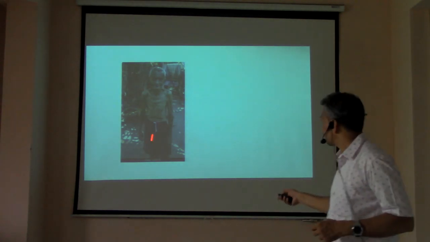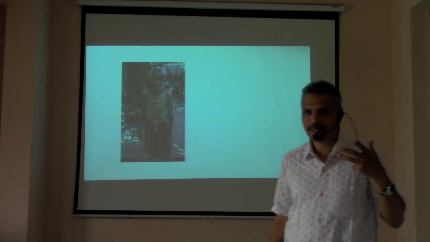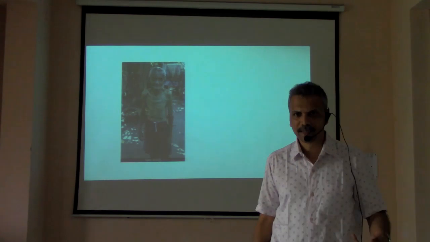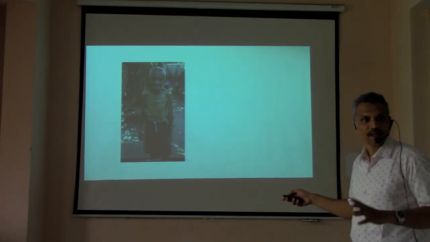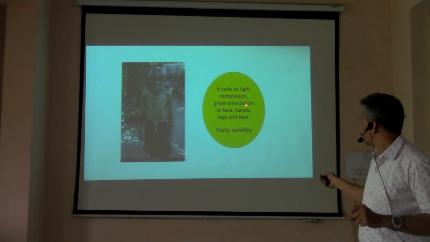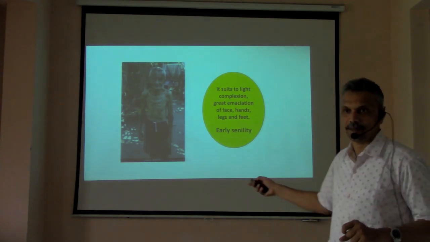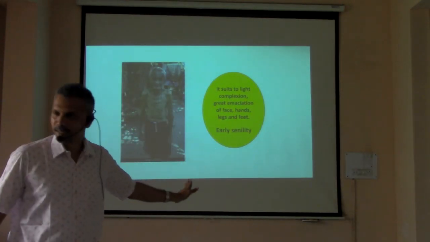So what is important here is, there is emaciation. Emaciation of face, emaciation of hand, emaciation of limbs, done, and they look prematurely old. It suits light complexion, great emaciation of face, hands, legs and feet, early senility. This is the statement given in our books, Materia Medica.